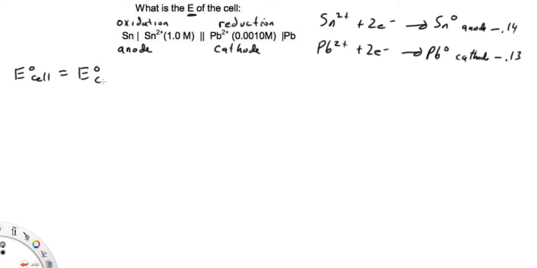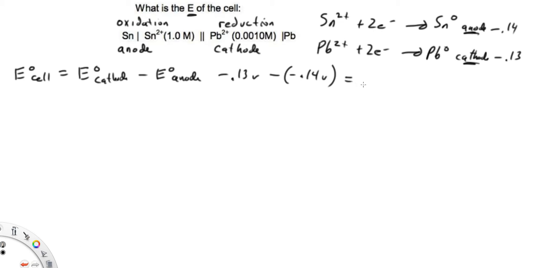E cell is E naught of the cathode minus E naught of the anode. Okay, again, this is my anode, this is my cathode. So we're going to subtract negative 0.13 volts minus a minus 0.14 volts.